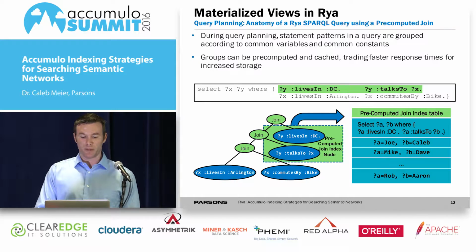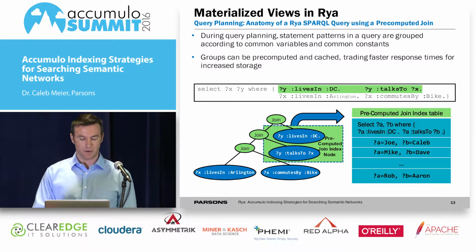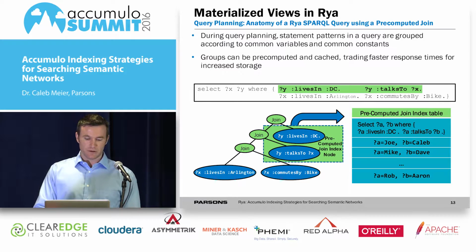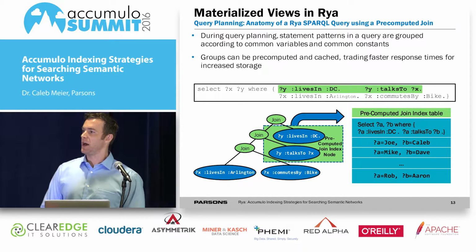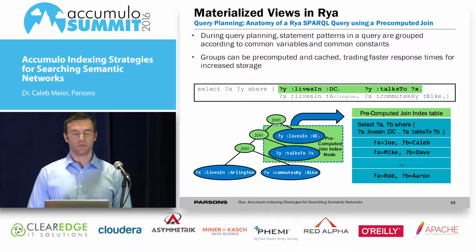So we want to find all people who live in DC and the people that they talk to who live in Arlington and commute by bike. So what we do is we look at the user-issued query and we look at the statement patterns in that query. And we say, okay, the top two statement patterns, up to maybe some variable relabeling where we send A to Y and B to X, are a match of the statement patterns in our representative query for our precomputed join.